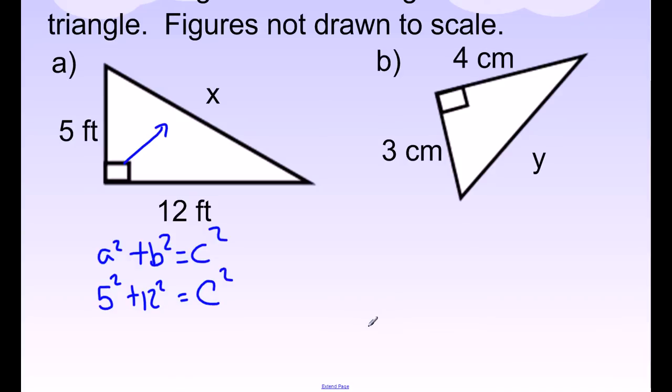So now we solve. 5 squared is 25, 12 squared is 144, add that together, that gives you 169.